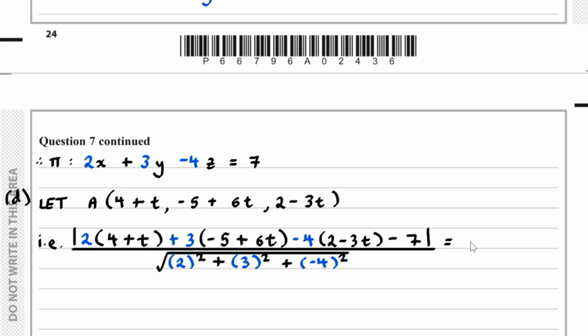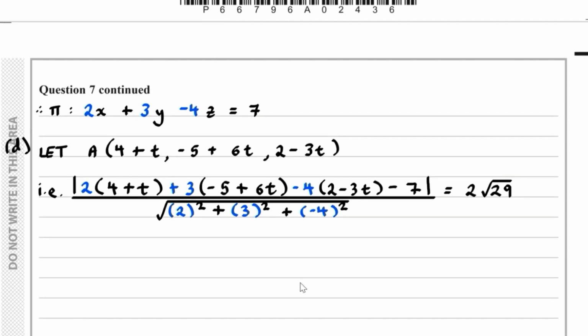And the result, we have 2 times root 29. So let's tidy all of this up as much as possible. We have the mod of, well, 2 times 4 is 8. 2 times t is 2t.